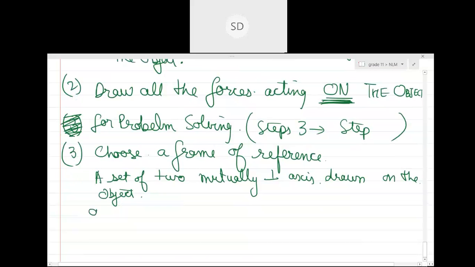There are some steps behind this as well. If the object is at rest, then there is a method to choose the frame.